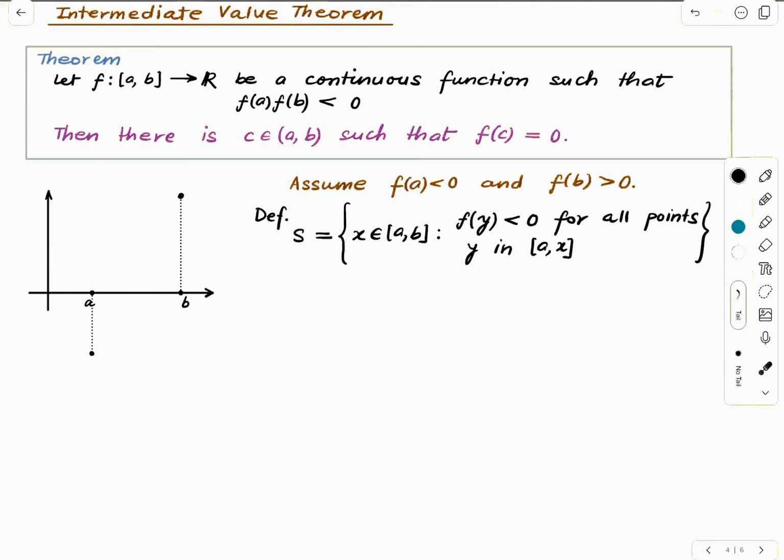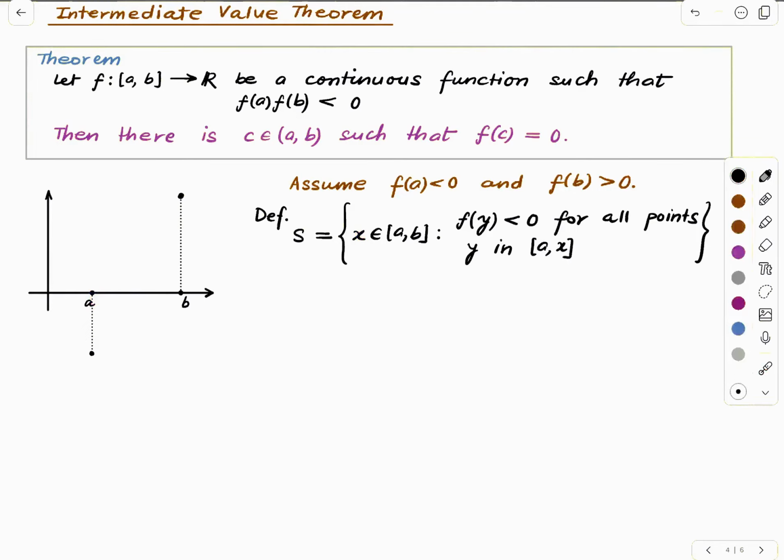So again, what are we saying? A point x is in the set S if whenever we choose a point between a and x, including a and x, the value of the function there is negative.